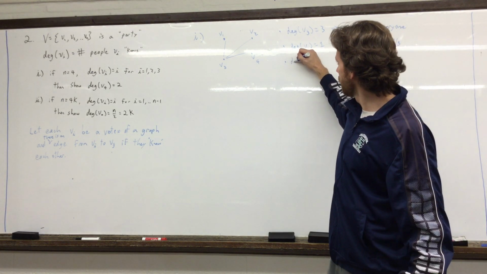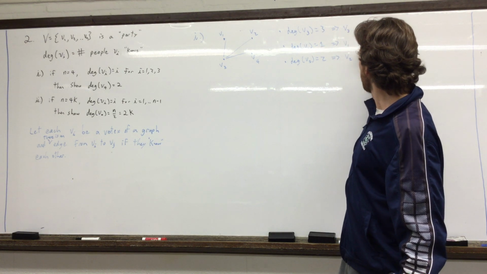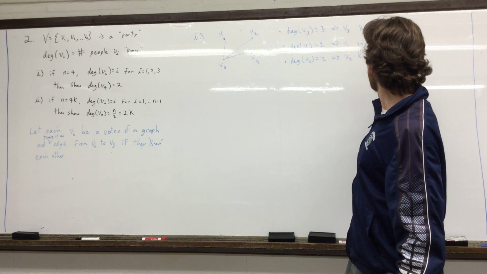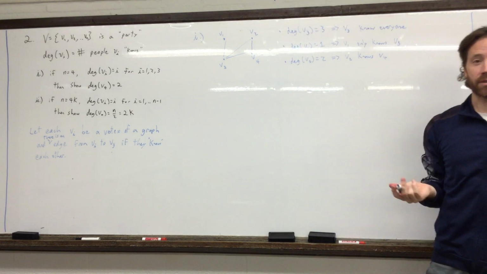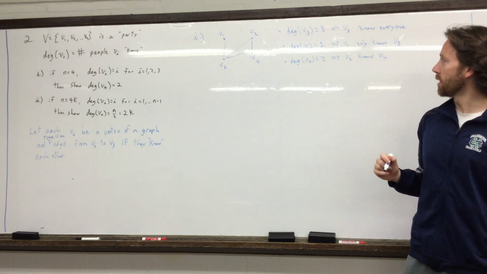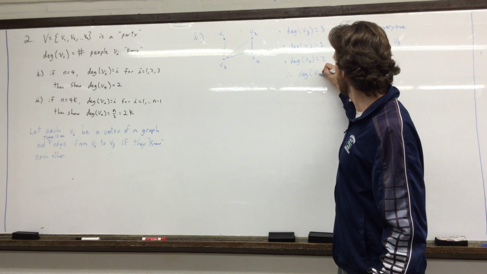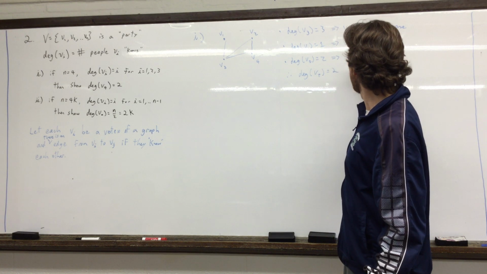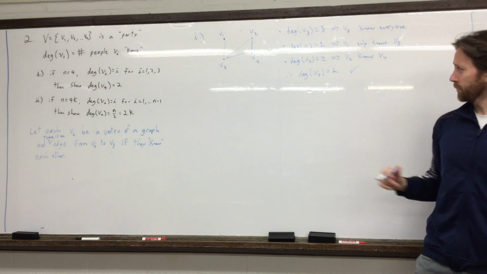And finally, V2 has to know one other person, and there's only one other person to know, and that's V4. So that shows the degree of V4 equals 2 as claimed.